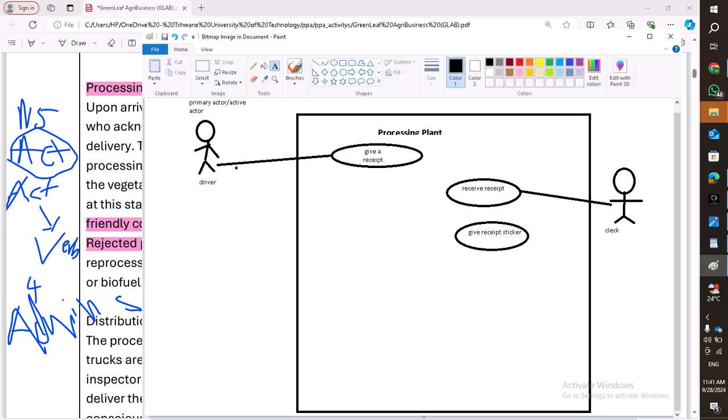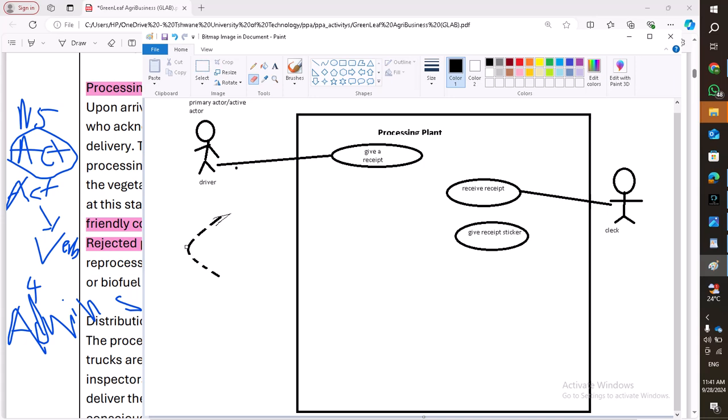As I was showing you, there's something we call included or excluded arrows. This arrow can be like this, but always remember, this arrow is always a dashed line like this.